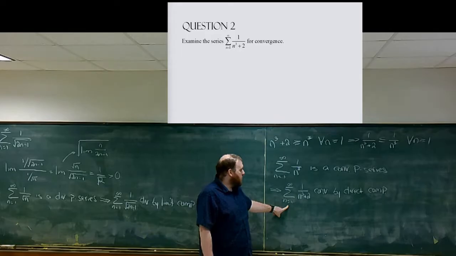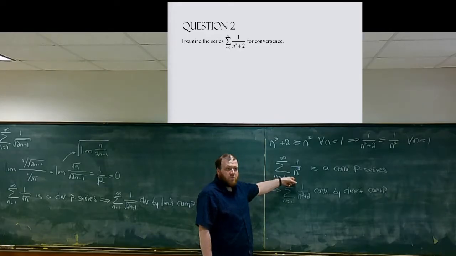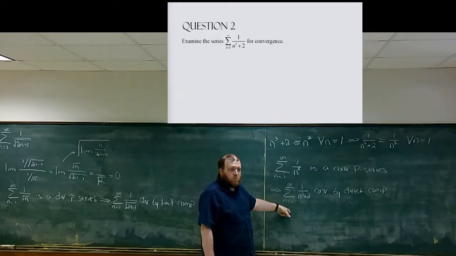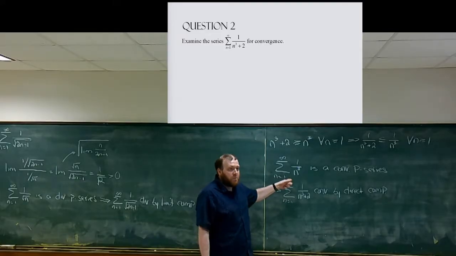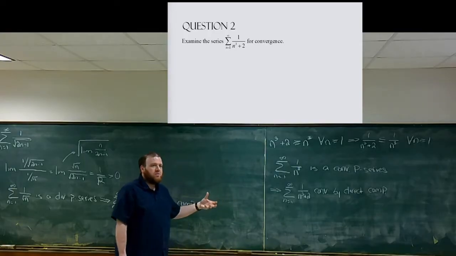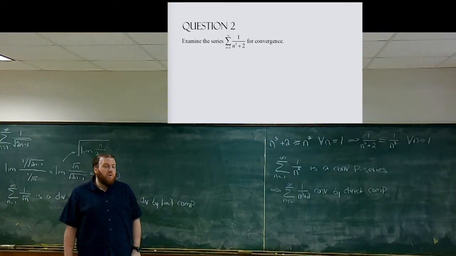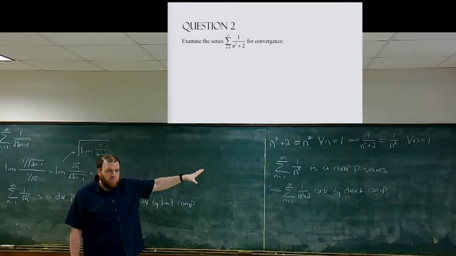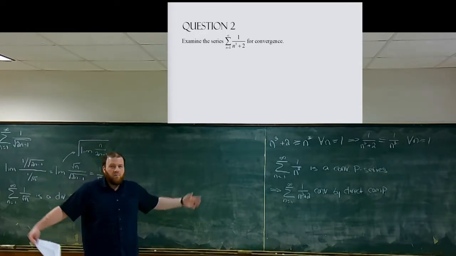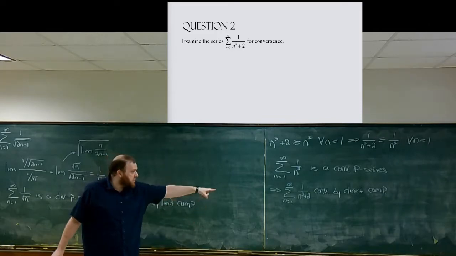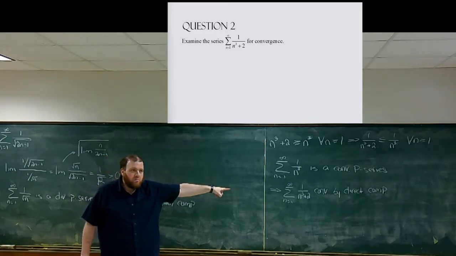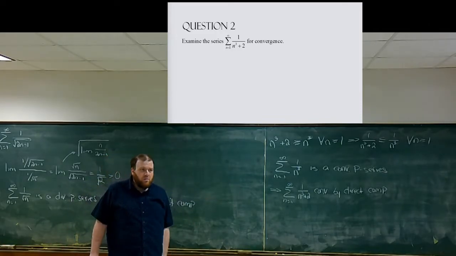If my upper bound converges to a value, then the series has to converge because the upper bound is converging. Does that make sense? But if the upper bound diverges, it doesn't say anything about my smaller function.